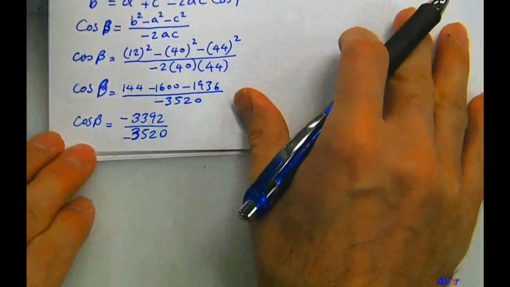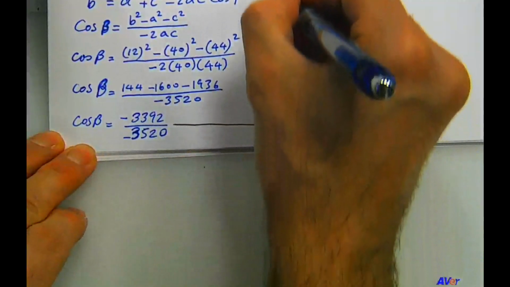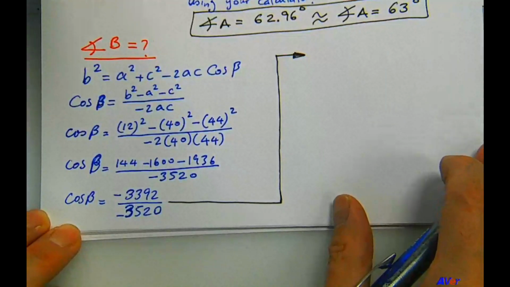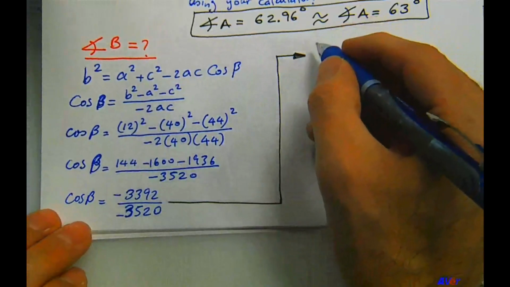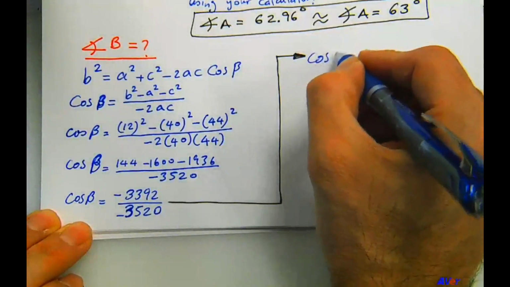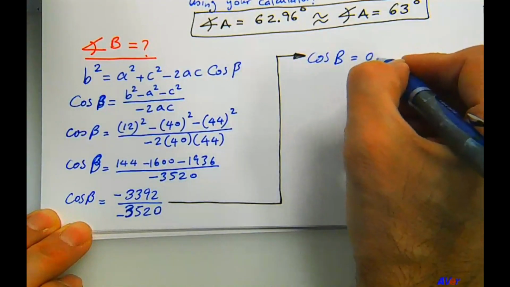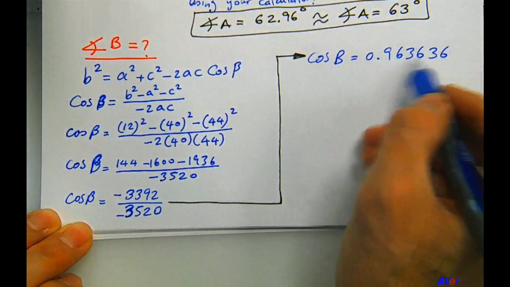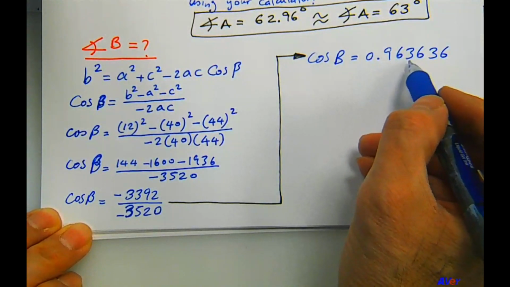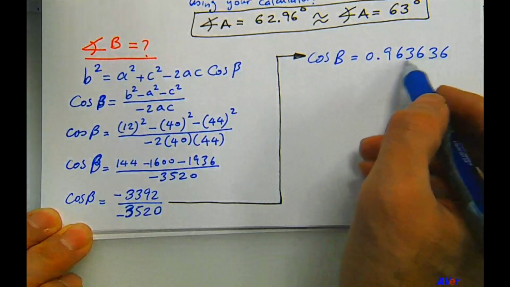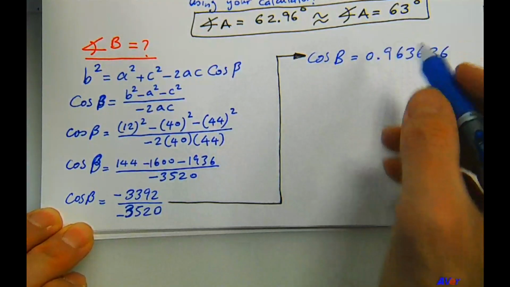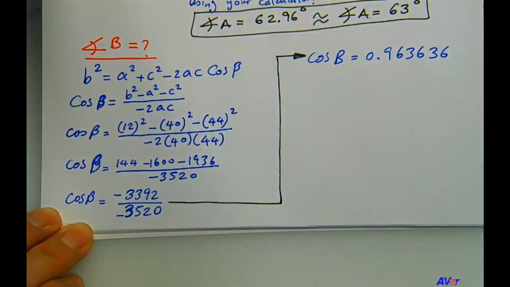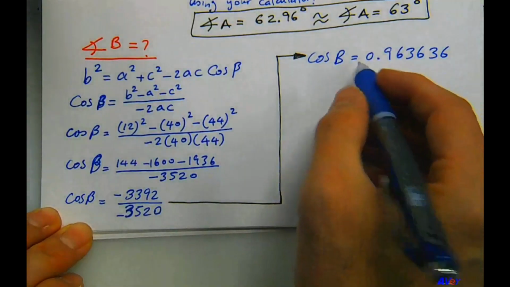I'm running out of space here, so let me move in here like that. And so we have cosine of B is equal to 0.963636. So notice in the middle of my calculations, again, I'm keeping at least 5-6 decimal places. That's just so that I can be as close as I can to the actual value at the end.